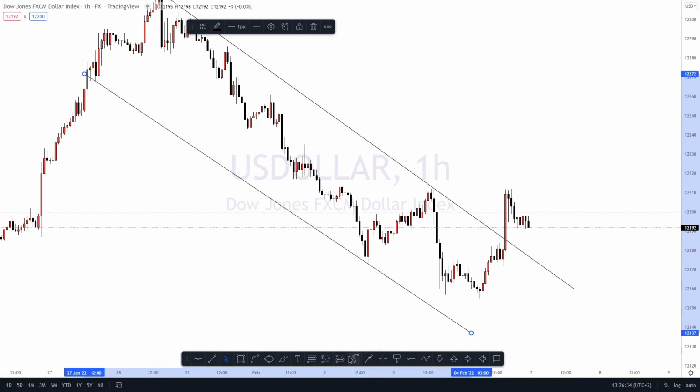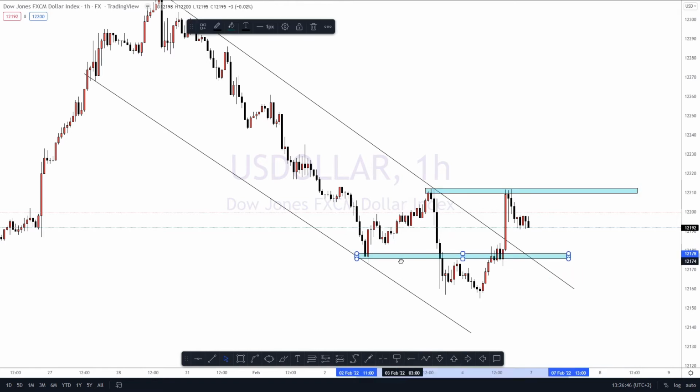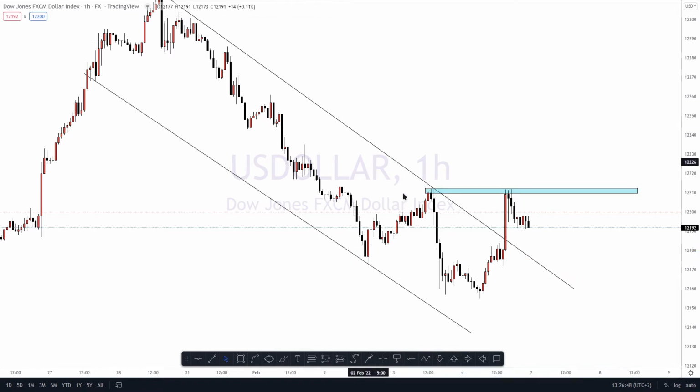And that lower high that I was talking about is just here, right? A lot of people are more than welcome to come and say that is a double top if you want, if that's the type of trade that you're taking, or that's how you're trading.